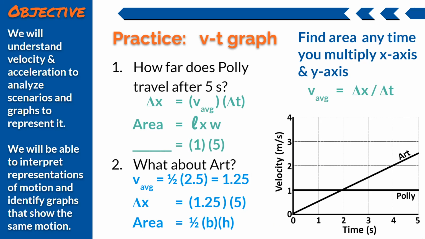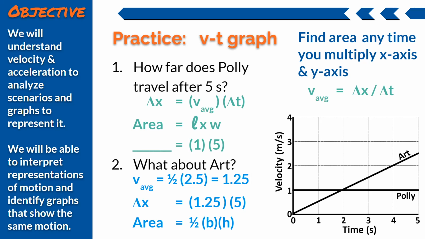So mathematically, finding the area is going to do that for you. Okay? And for him, that's going to be half of 2.5 times 5, or 1.25 times 5. And that will give you his displacement, okay, after 5 seconds, which is, what was that, 6.25? I can't even do math right now. 1.25 times 5.